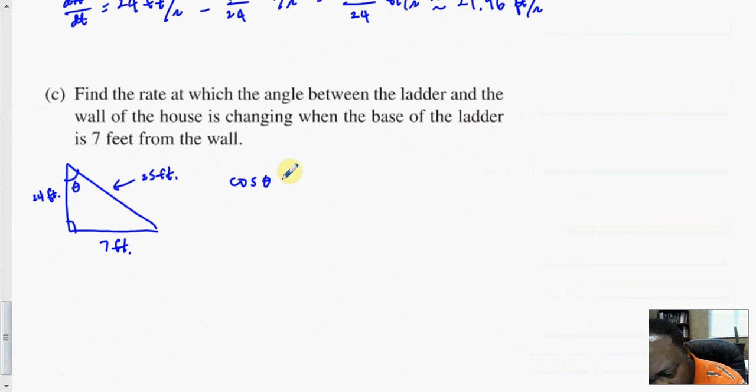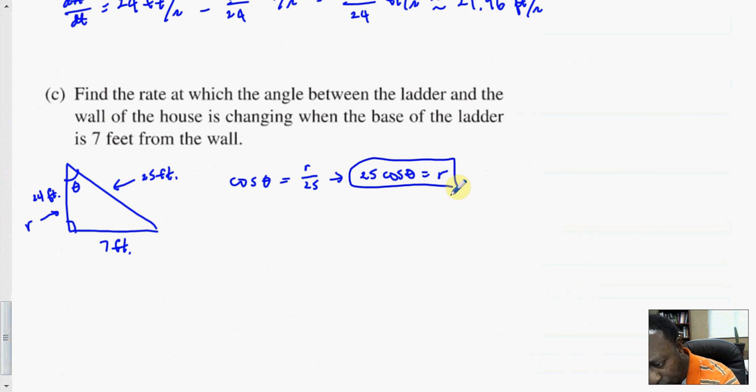So cosine theta, and again, at 7 feet, this side is 24 feet, but it tells us here that the 25 feet is fixed, but this side over here is not fixed. So there's some change there. I call it R here. So the cosine theta is the adjacent over the hypotenuse. That's R over 25. That implies that 25 cosine theta is equal to R.